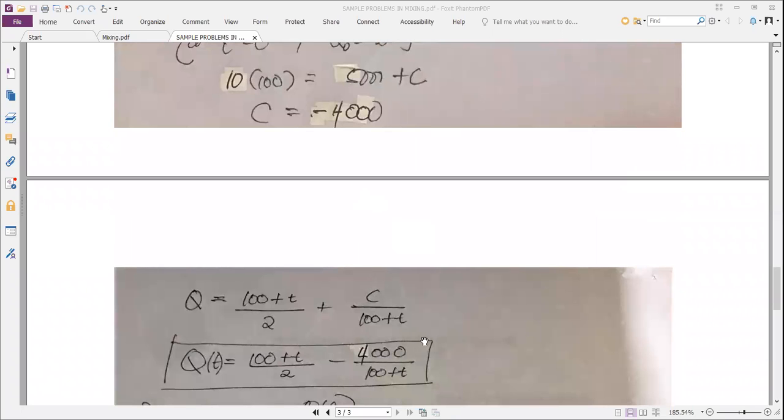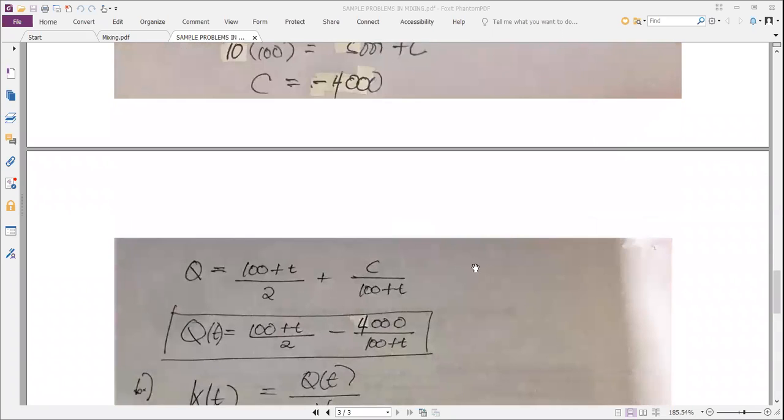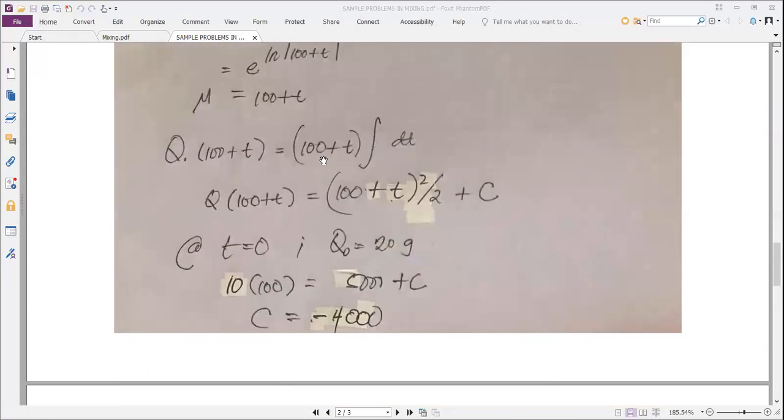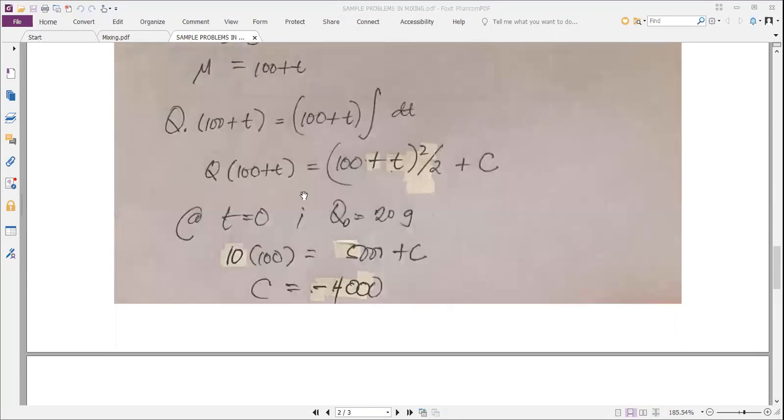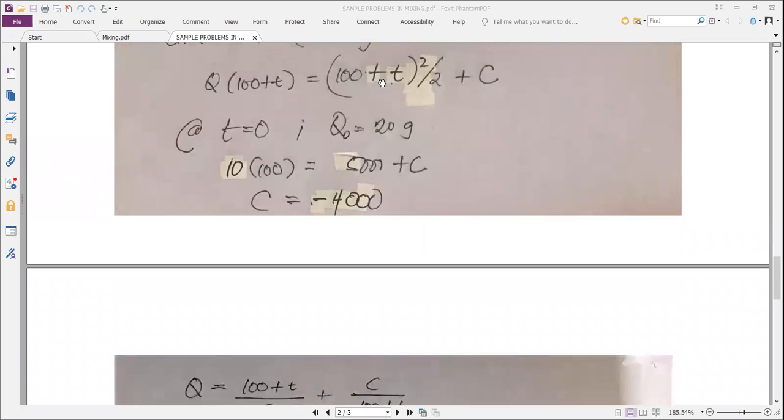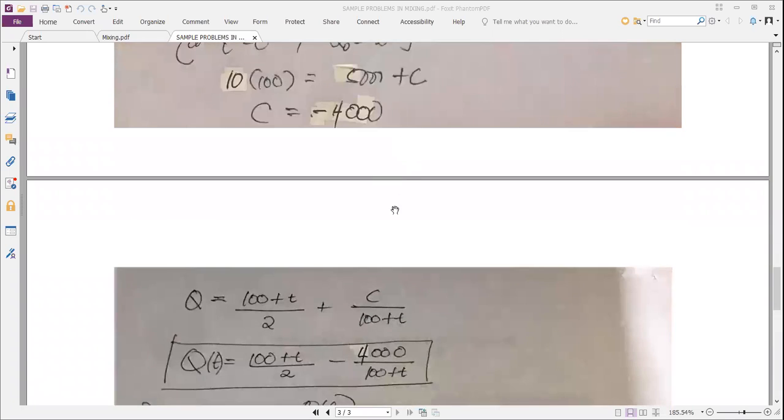So if you want the formula that will solve for the amount of salt in the tank before the tank overflows, that would be Q of T equal to (100 plus T) over 2 from here. Why do we have only this one on this side? Because in this complicated formula, we divided by the expression 100 plus T. So that eliminates 100 plus T on this side, leaving us with (100 plus T) over 2.